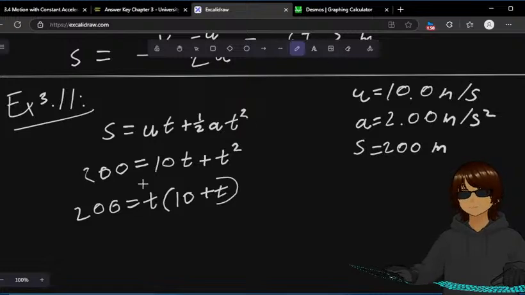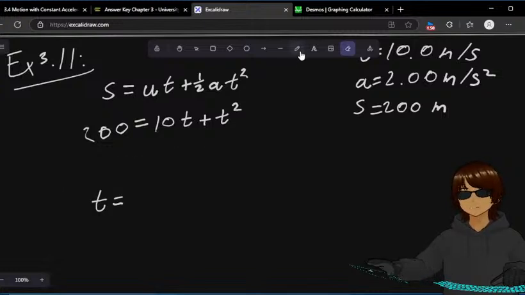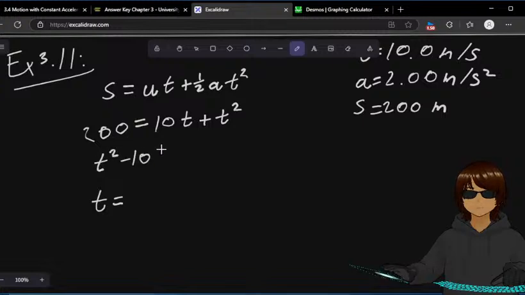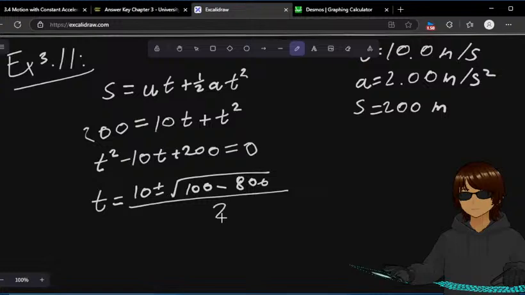Never mind, I will use the quadratic formula. t is equal to... actually, t squared plus 10t minus 200 equals 0. t is equal to minus b plus or minus the square root of b squared minus 4 times a times c, over 2a.